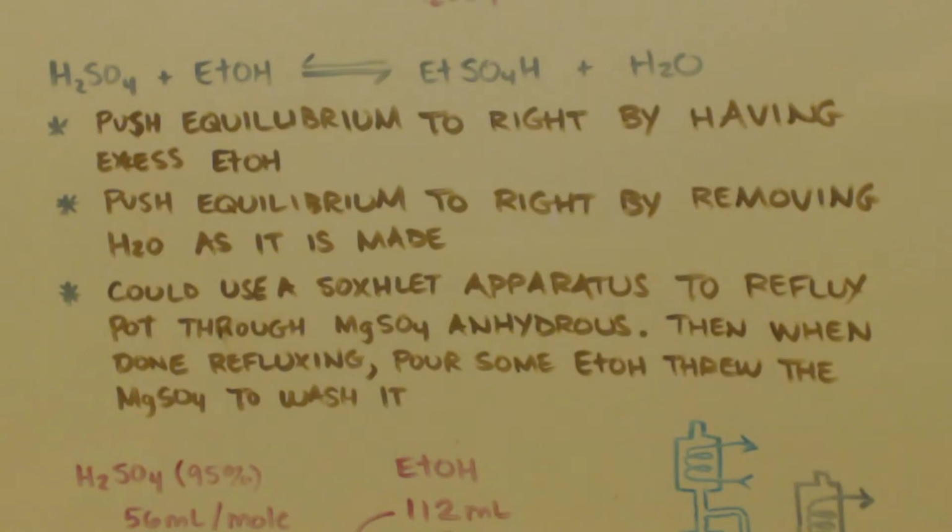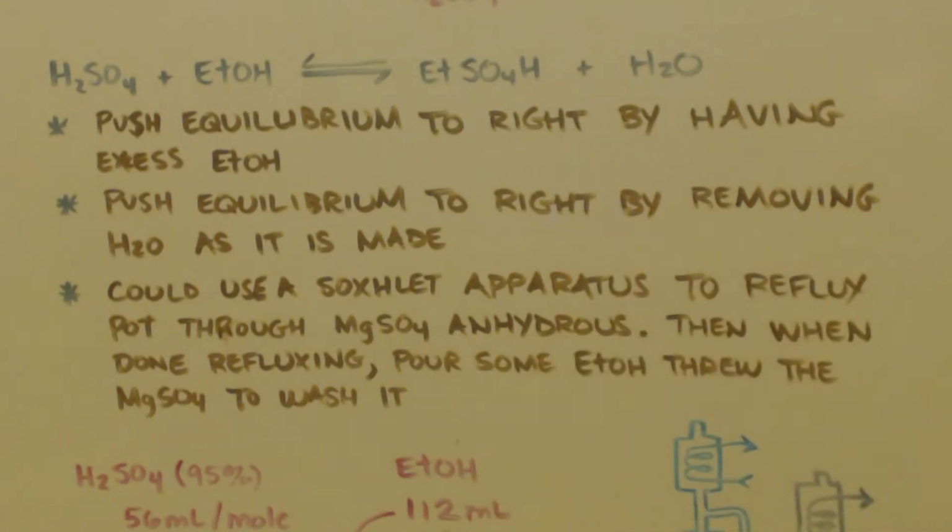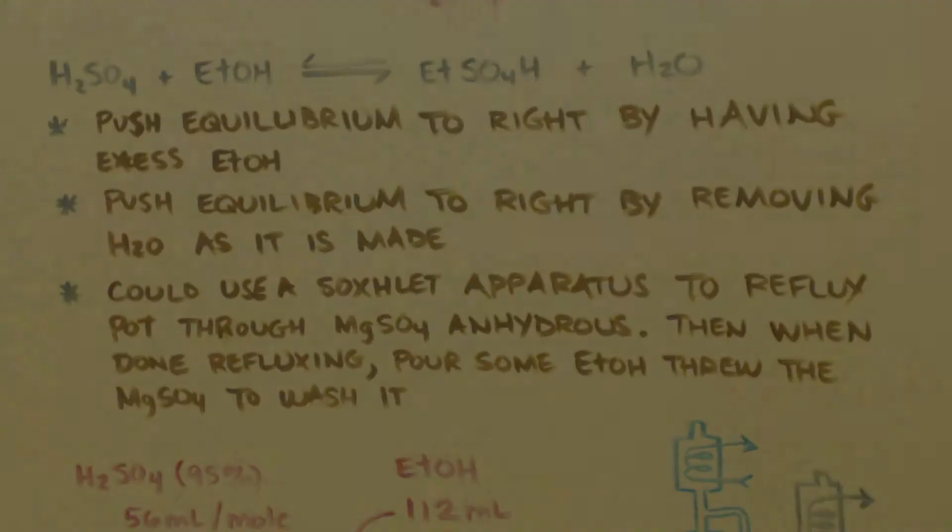And the reason I'm not going to do it, but what you could do is put this in a soxhlet apparatus and reflux it so that the pot is refluxed through magnesium sulfate that's anhydrous. Then when you're done refluxing, pour a little bit more ethanol through the magnesium sulfate, to wash out any product that's in there.